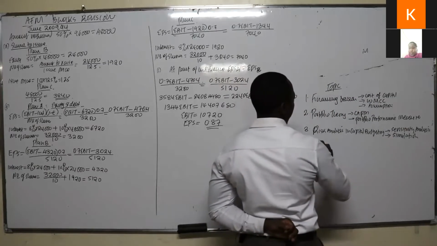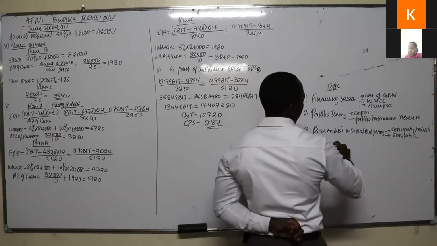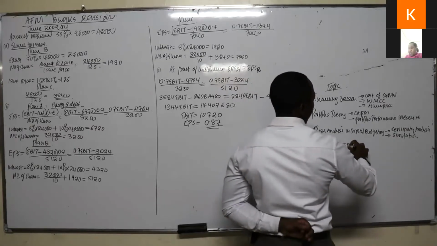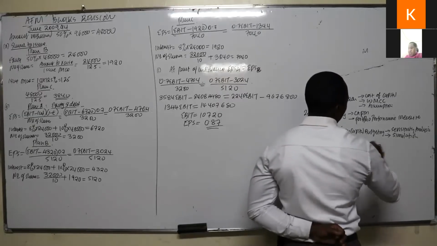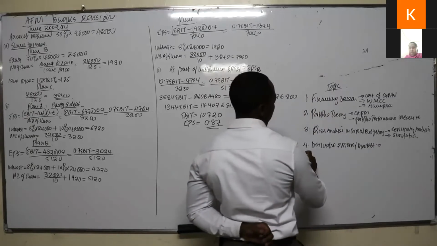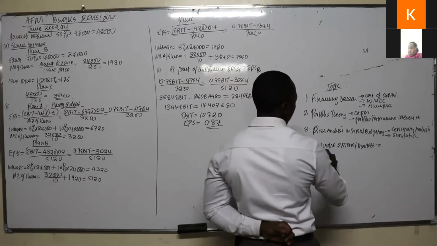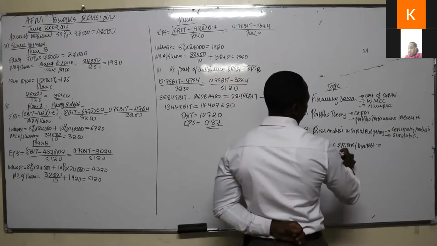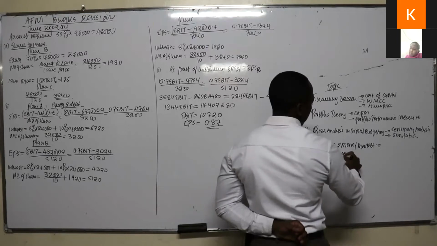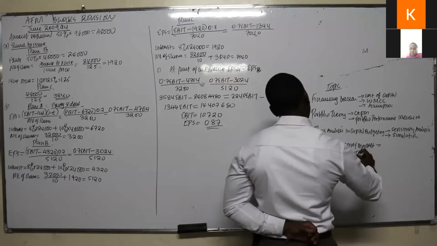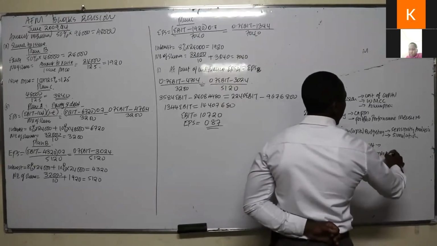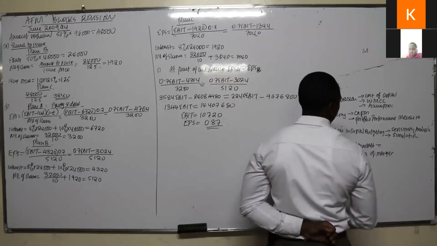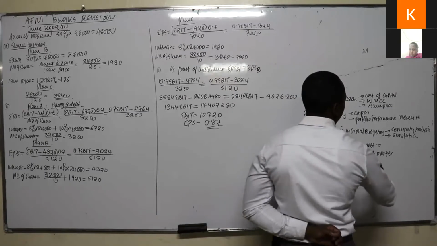Number four, derivative and money market. Mergers and acquisition. So go through types of mergers. And then how to evaluate.